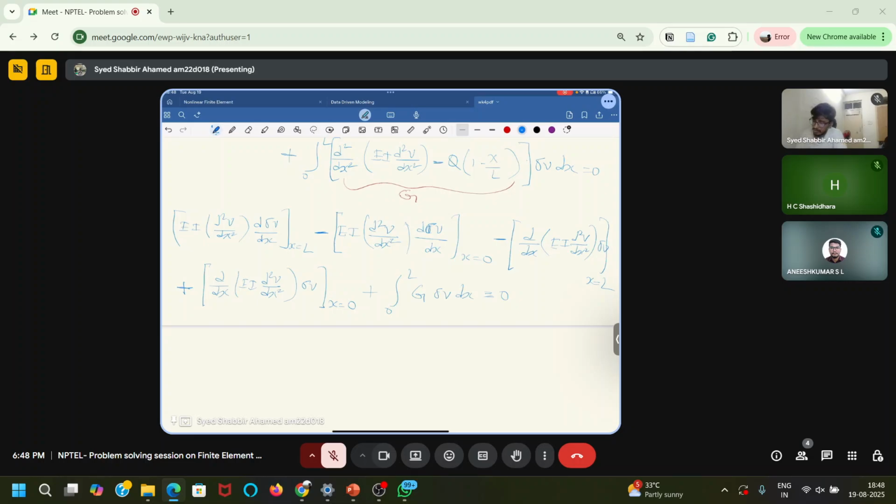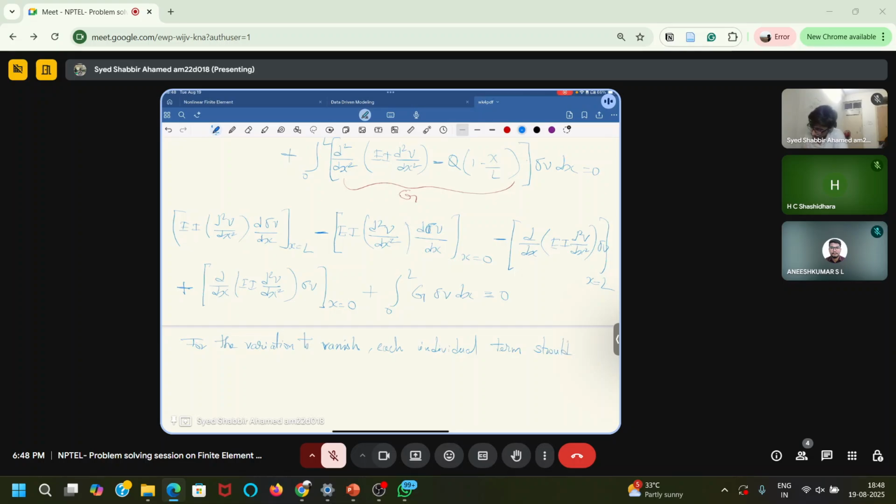So for the variation to vanish, each individual term should vanish because δv can be arbitrary.